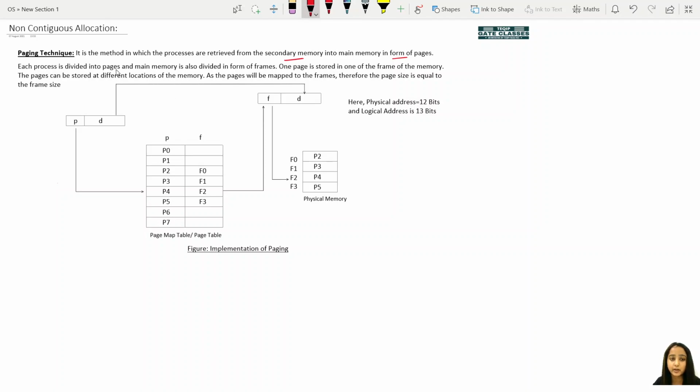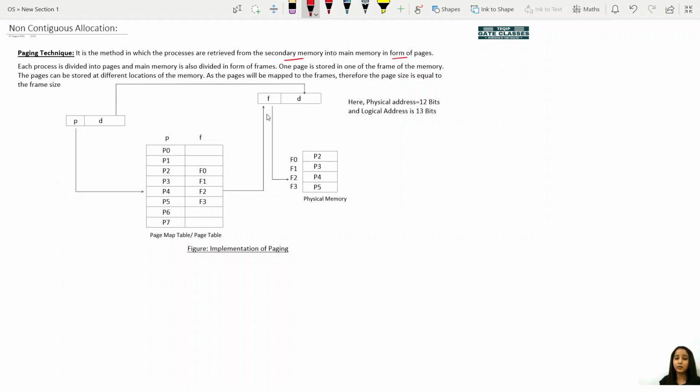Each process is divided into pages and main memory is also divided into frames. One page is stored in one frame of the memory, and the pages can be stored at different locations of the memory.